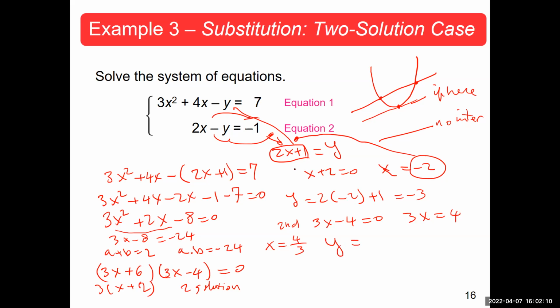Then y equals, back to this equation, 2 multiplied by 4/3 plus 1. Or this becomes 8/3. Instead of 1, I put 3/3. That will give me 11/3.